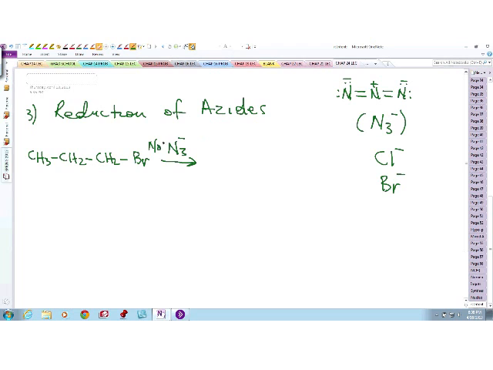Azide generally comes in the form of sodium azide, just as you have sodium chloride or sodium hydroxide. You could use the azide in an SN2 reaction to displace a leaving group that is attached to a primary carbon. So here, what do we have? You could make an azide that way.